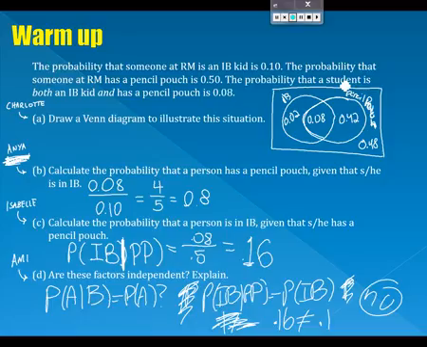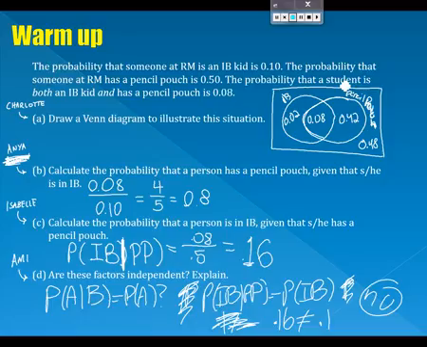The other thing to say is, intuitively, what does this mean? If someone walks up to me, let's look at C, for example, my first intuition is that there's a 10% chance that they're IB, because that's all I know in life. I don't know anything about them. But then I spy in their bag. I see that there's a pencil pouch. It's like Sherlock Holmes or something, right?